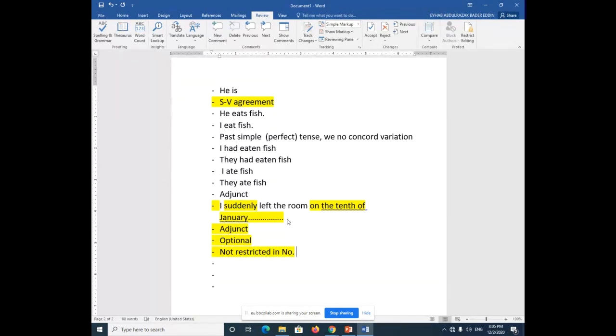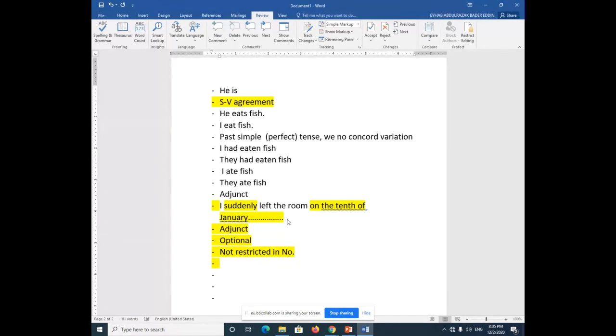What does this mean? It means you can use a lot of different adverbs and different prepositional phrases with no strict or rigid rule to stop. So you can say, I suddenly, happily, angrily, whatever you want, you can use that. So it is not restricted in number.